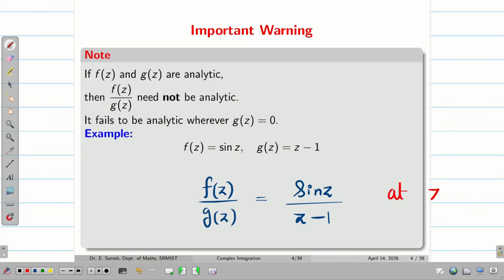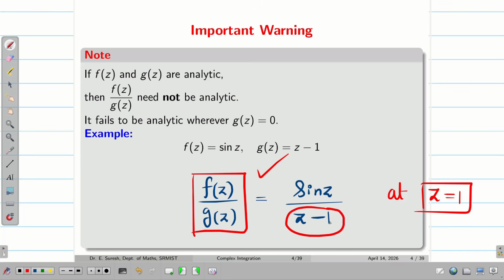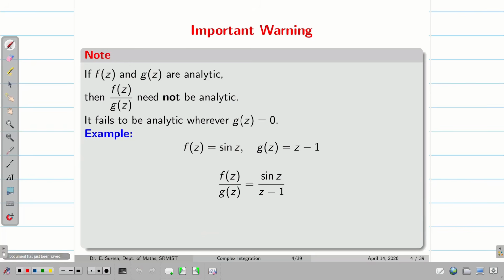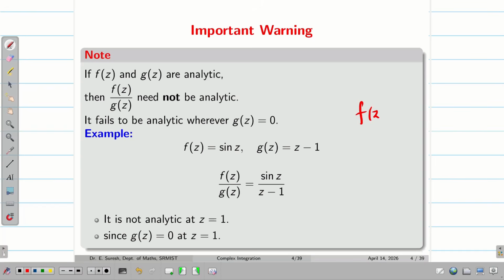So at z equal to 1, the function is not defined because the denominator will become 0. So at z equal to 1, it is not analytic. The reason is g of z becomes 0 at z equal to 1. So f of z divided by g of z need not be analytic always.